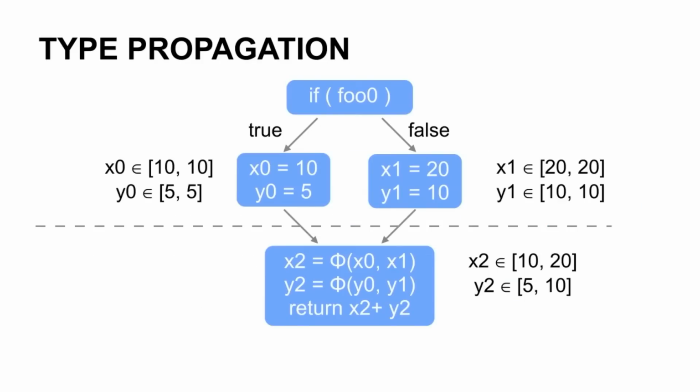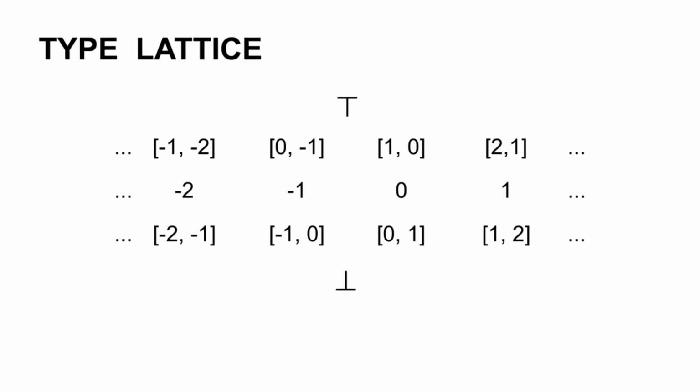And this interacts with our Phis and SSA that we saw before. The type of x0 is 10, the type of y0 is 5, the type of x1 is 20, the type of y1 is 10. And from that, we can deduce that x2 is in the range 10 to 20, and y2 is in the range 5 to 10. And this is what HotSpot does. What it actually uses is called a type lattice.